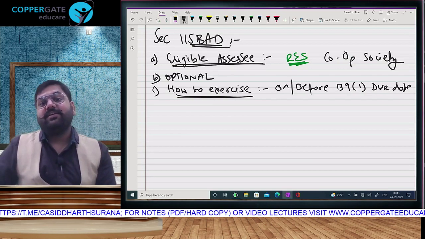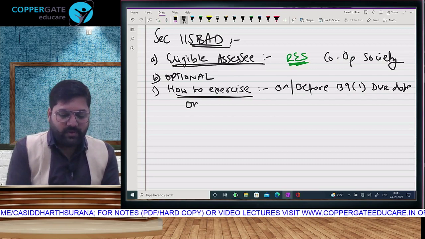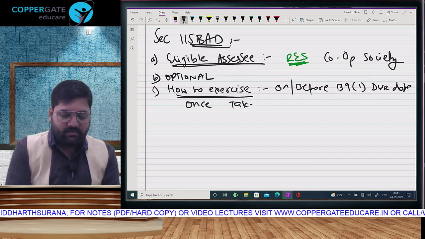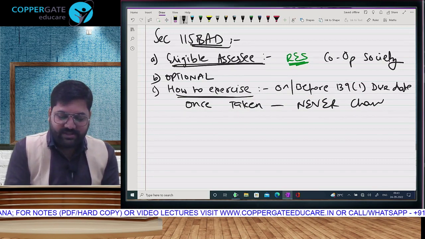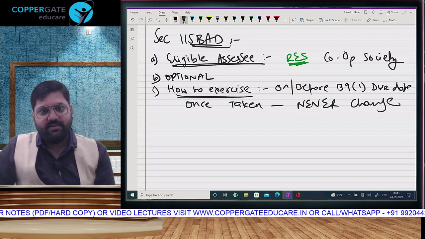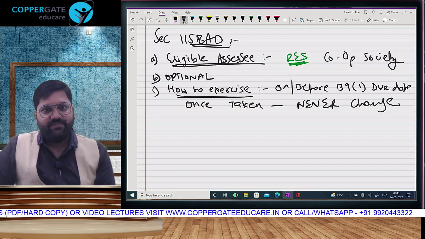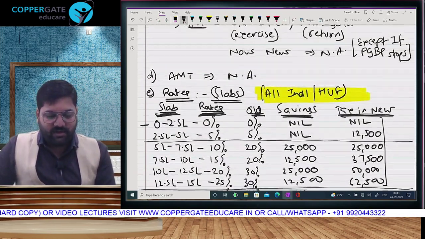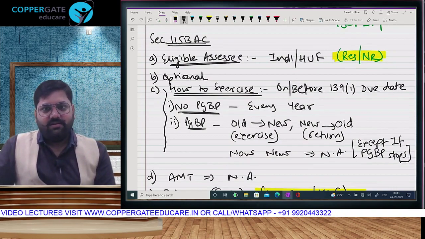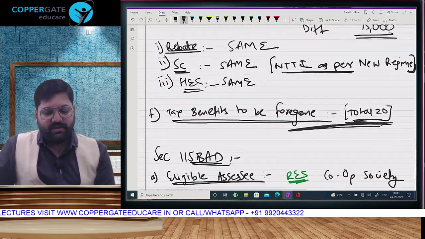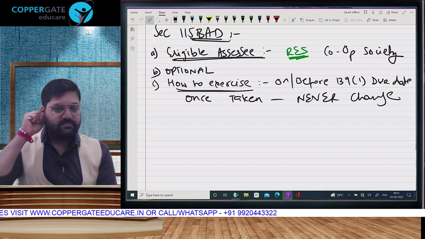And here it is easy, no? क्योंकि once you exercise, you never change. You will forever stay where? In the new regime. Complication was here. Complication was here. PGBP, non-PGBP. Here there is no complication. Correct hai?